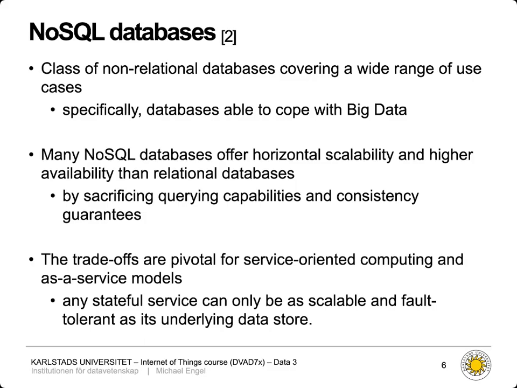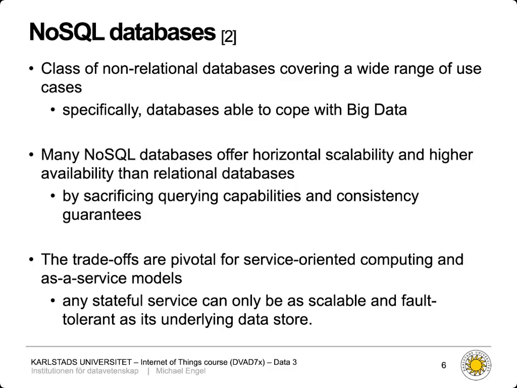So NoSQL databases are just a common term for a class of non-relational databases, which cover a wide range of use cases and specifically includes databases able to cope with this big data we've been talking about before. Many NoSQL databases offer what we call horizontal scalability, and they also offer higher availability than relational databases. But we are sacrificing some querying capabilities, some consistency guarantees that are provided by traditional relational databases, but maybe not needed in all application cases.